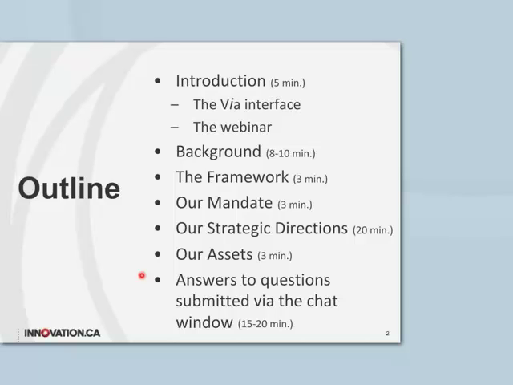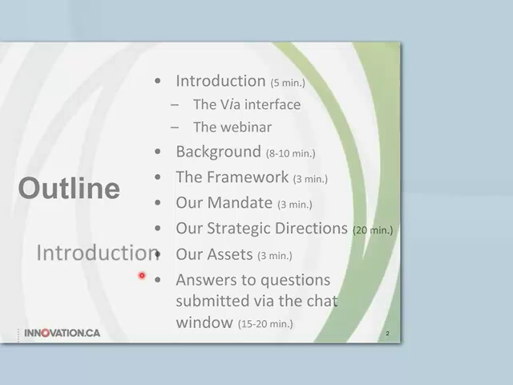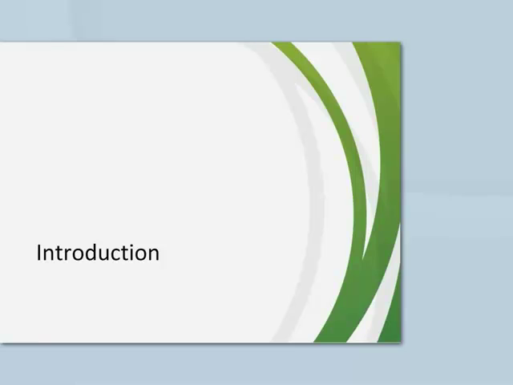I figure we could probably spend 15 to 20 minutes on the question and answer period. So let's get right into it, and I should also mention that the presentation will be recorded. The recording will be available for review on the CFI website in about a week or so, and we'll send you an email when it becomes available.